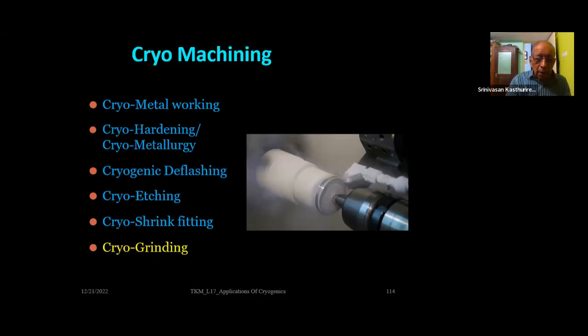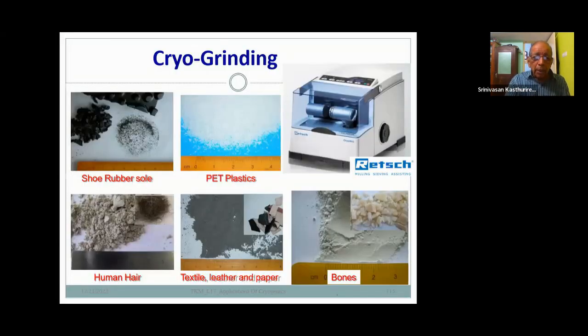Okay, I come to cryogenic grinding. In cryogenic grinding, the rubber raw material can be totally ground, or any plastic material can be ground. It's also possible that you can take human hair and grind it into fine powder. Okay. So essentially, you are trying to get fine powder of the material.